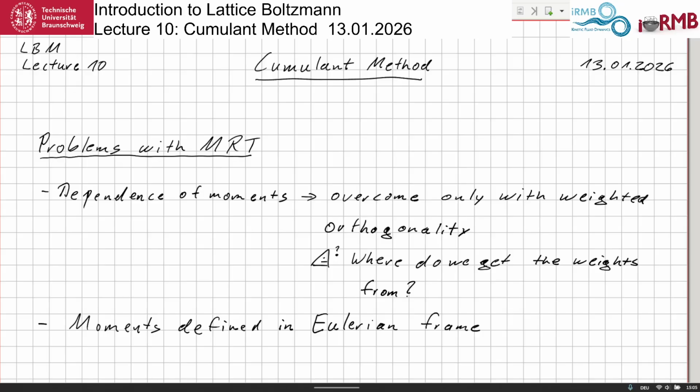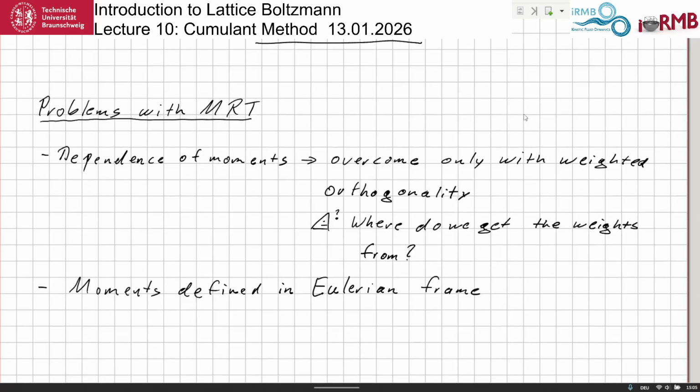Well, if we define something in an Eulerian frame, the question we should ask is: can such a thing be Galilean invariant?